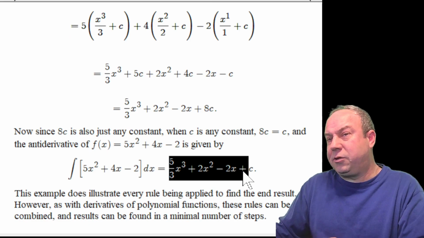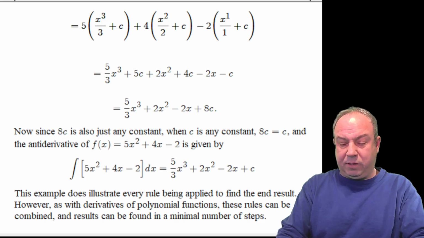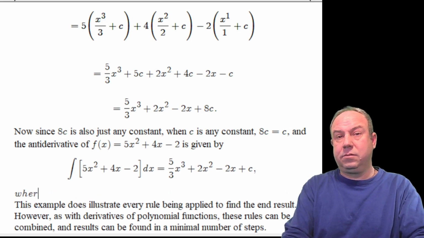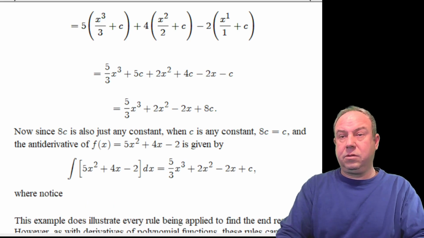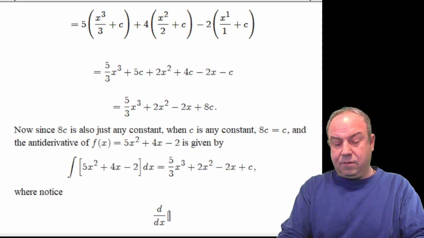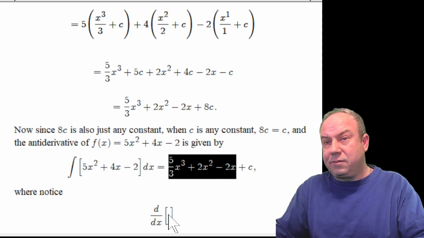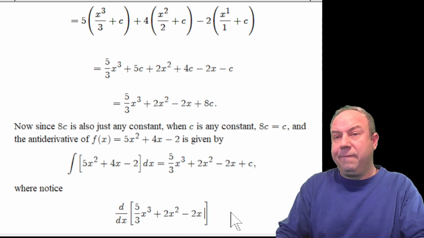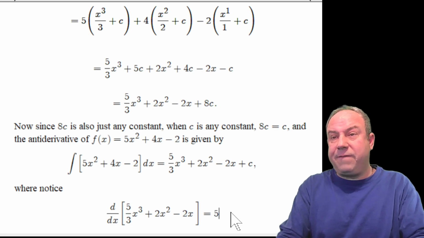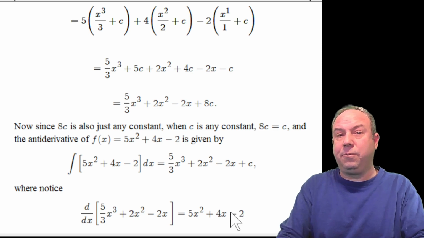5/3 x cubed plus 2x squared minus 2x. Where notice, we should probably say, if I took the derivative with respect to x for that quantity seen right here, that does equal 5x squared plus 4x minus 2.